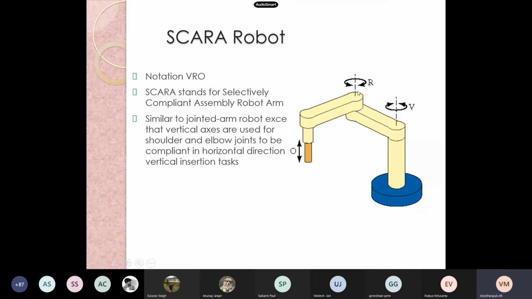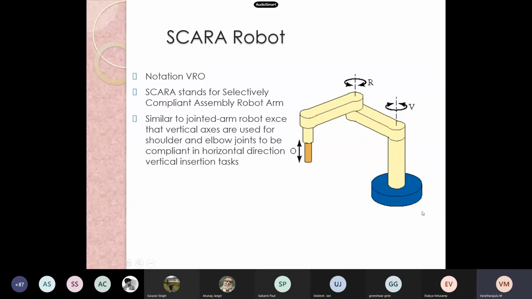But in the case of these two, the axes are coinciding. Therefore, this should be termed as V and this should be termed as V. Okay. And this is called revolving, and this one is the rotational joint.